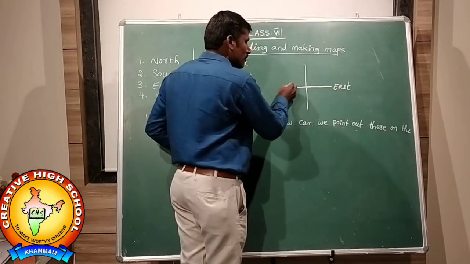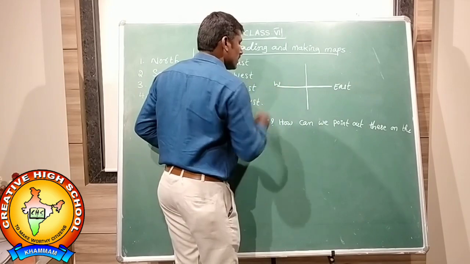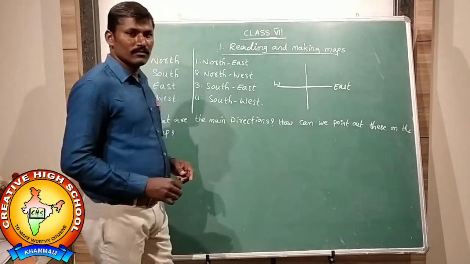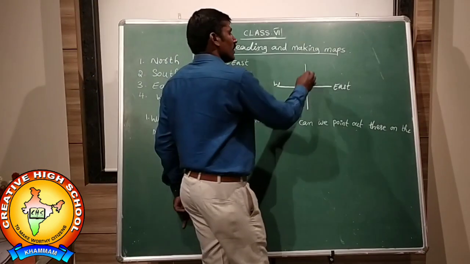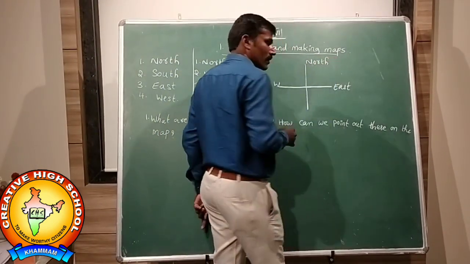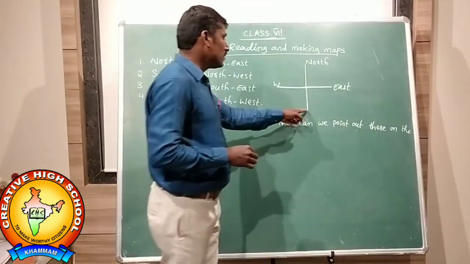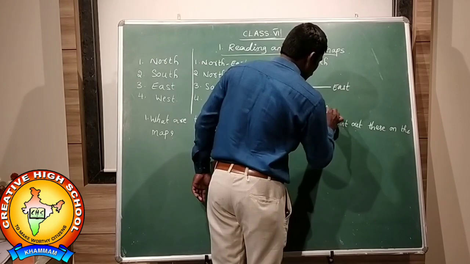Is this directly opposite or not? Yes, directly opposite to east is the west. Top of the map shows north. And the bottom of the map shows the south.